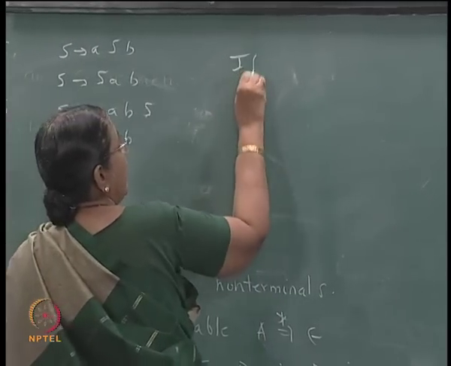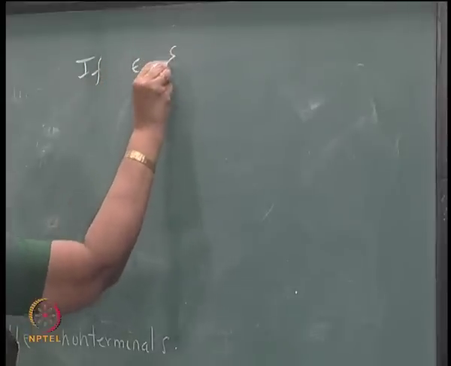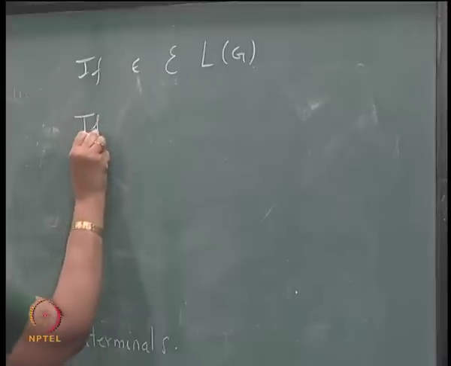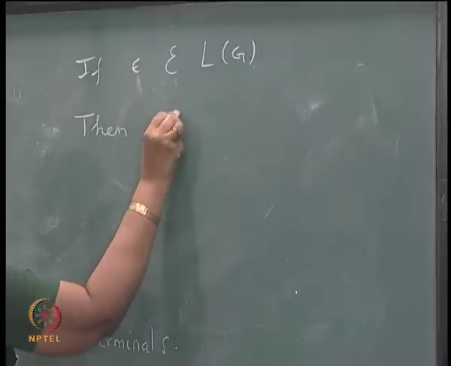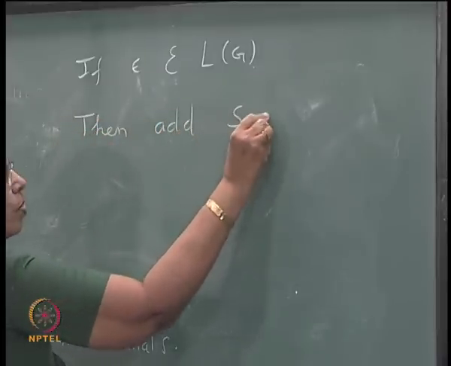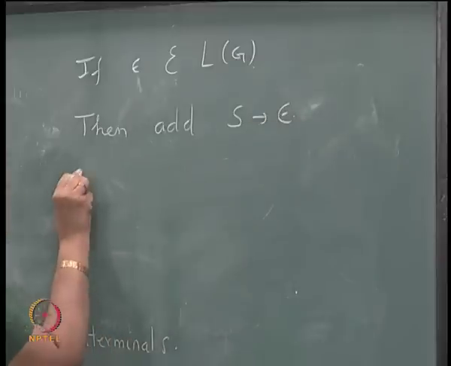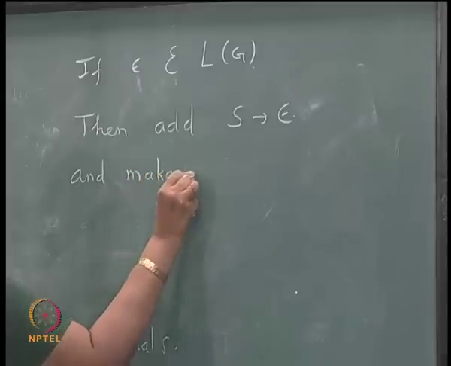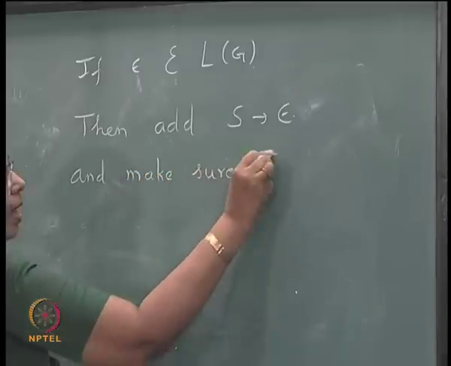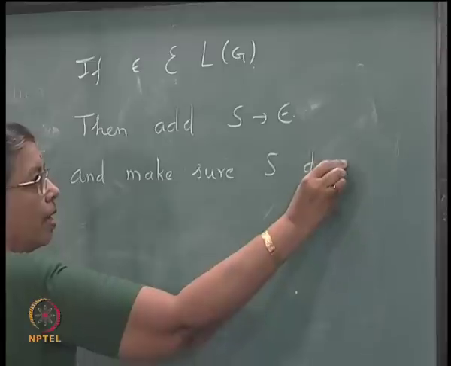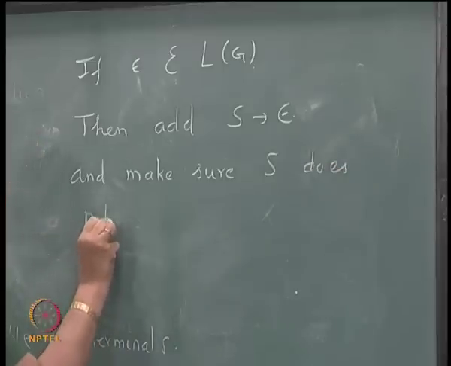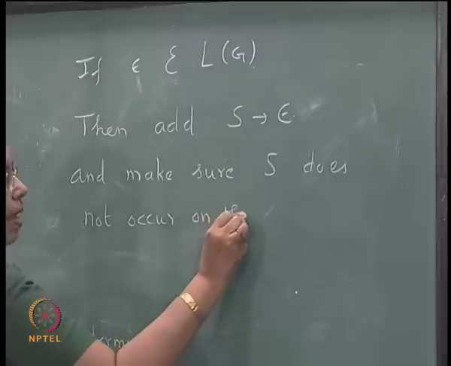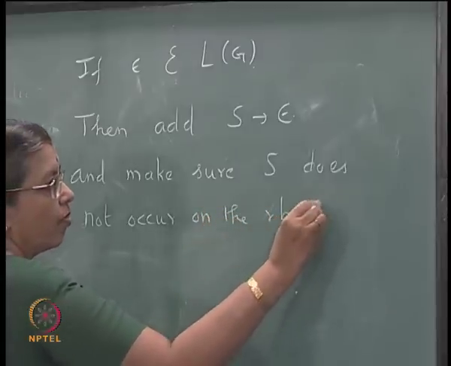If epsilon belongs to L of G, then add the rule S goes to epsilon and make sure S does not occur on the right hand side of any rule.